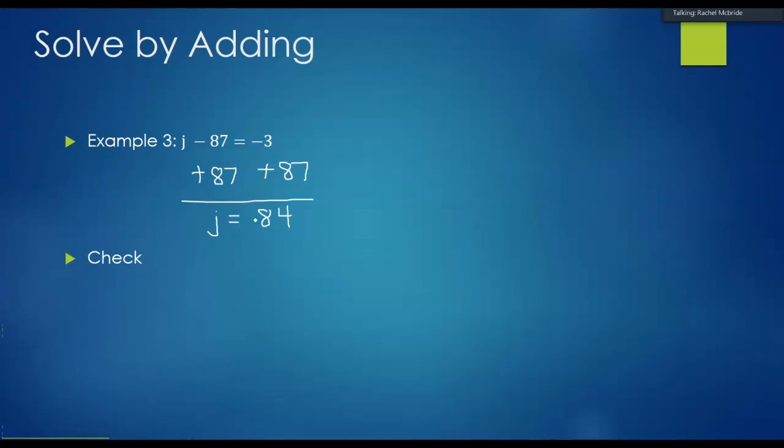And by checking, where does that 84 go into my check, Nick? Good. So I have to subtract 87 from that 84. And small minus big becomes negative.